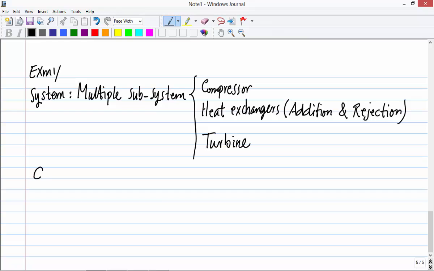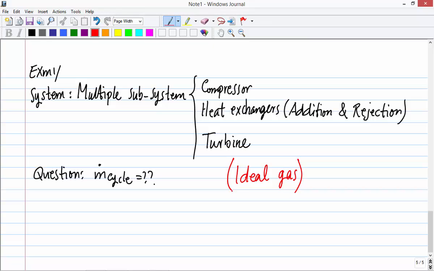And the question is, find the mass flow rate for this cycle. How much is it? And we can assume that air is an ideal gas because we need to use the tables. So it's asking for m dot.